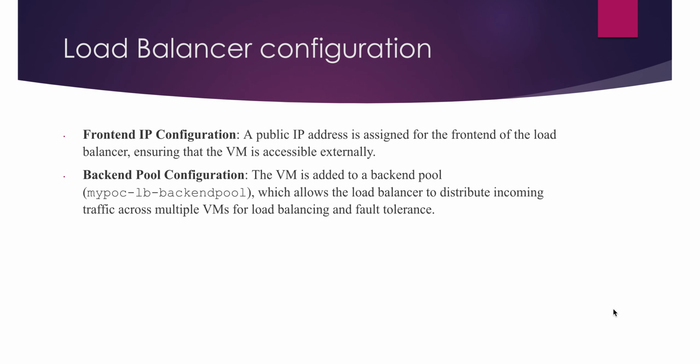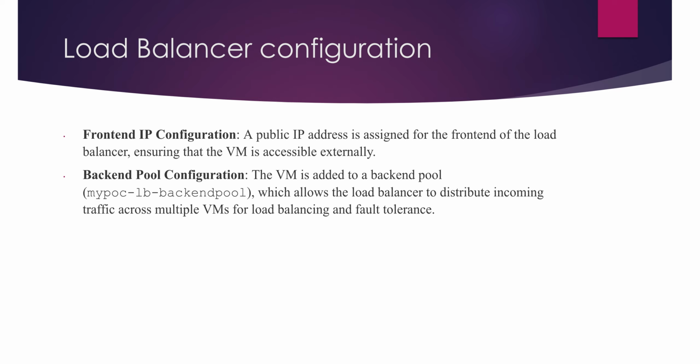Now, moving to the next screen, we have the load balancer configuration. As you know, we have two parts of a website. Number one is front end, number two is back end. First, we move to front end IP configuration.